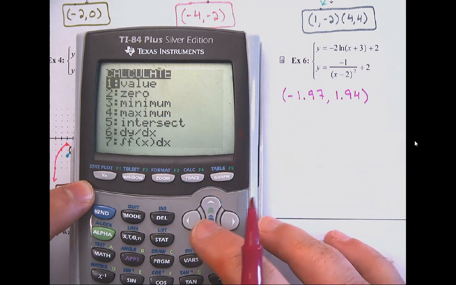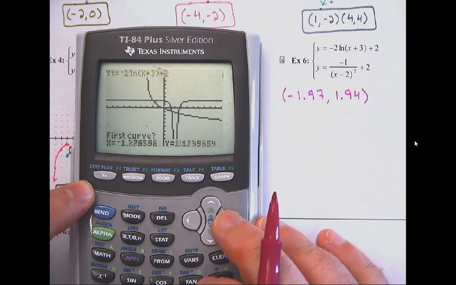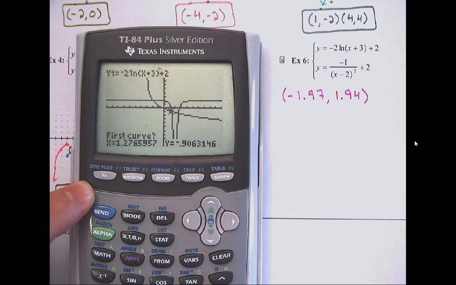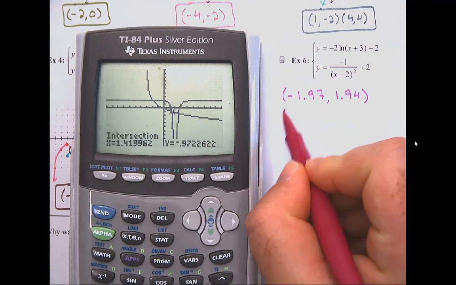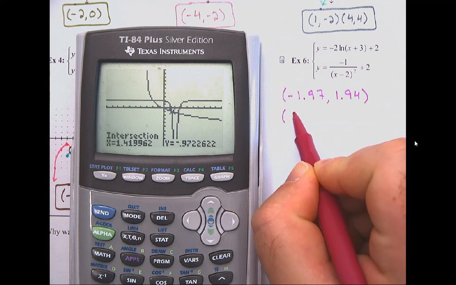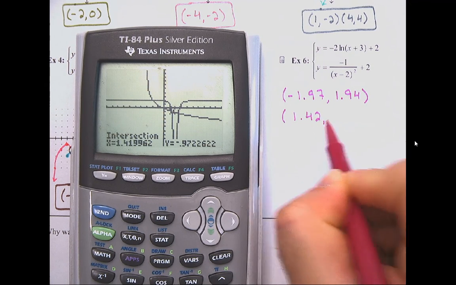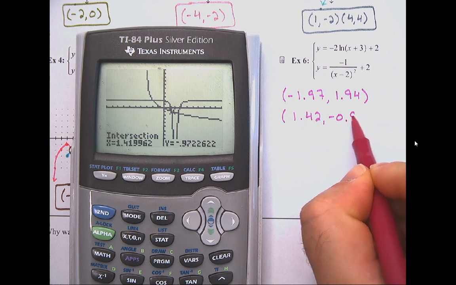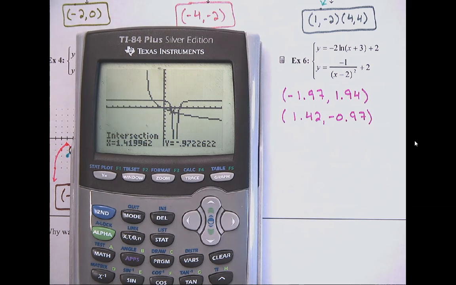So second, calc, intersect again, move my little cursor, get as close as you can to where it is, and then enter 3 times. Enter, enter, enter. And we get 1.42, comma, -0.97. And because there were 3 intersections, we have to find all 3.